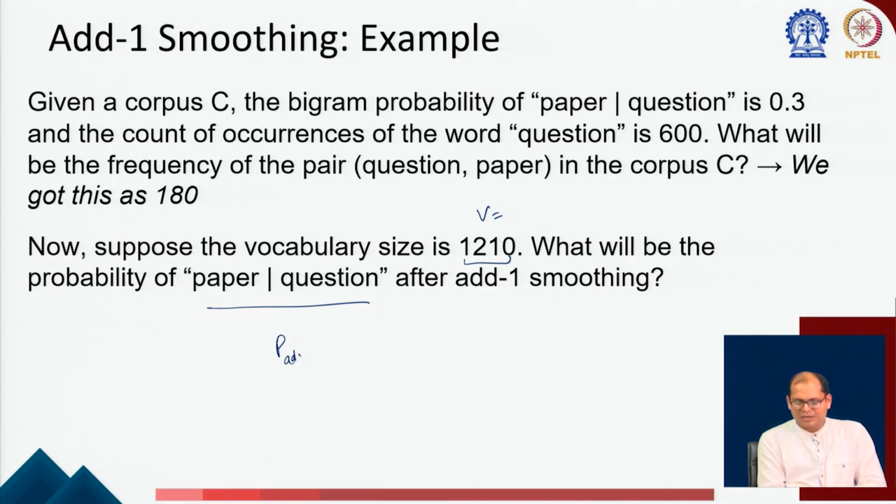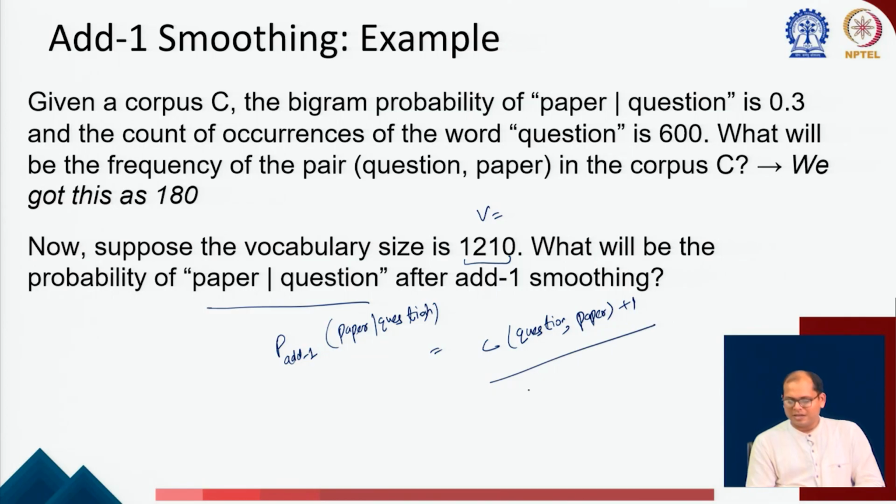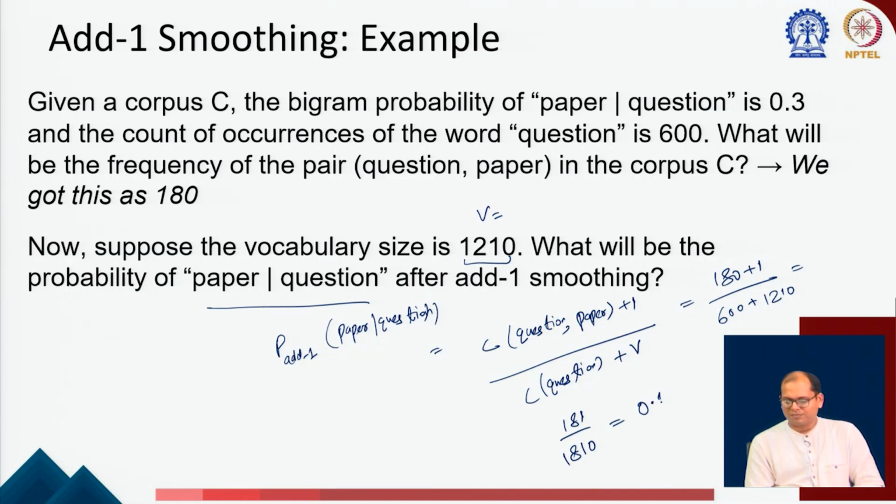It is going to be count of question followed by paper plus 1, divided by count of question plus vocabulary size, right? Count of question paper we got as 180, so 180 plus 1; count of question we got as 600, and vocabulary is 1210. So this is 181 divided by 1810, so 0.1.